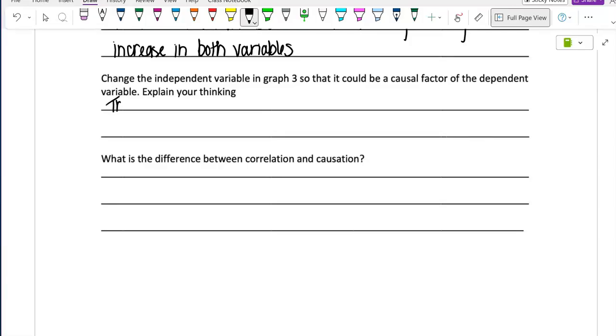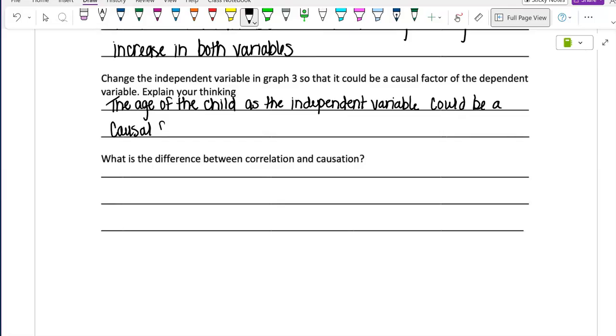So the age of the child as the independent variable could be a causal factor of math scores increasing.